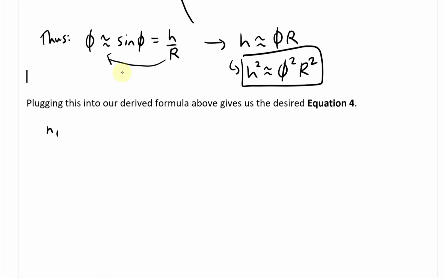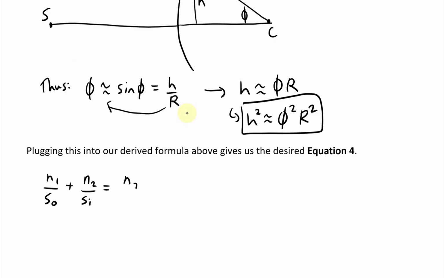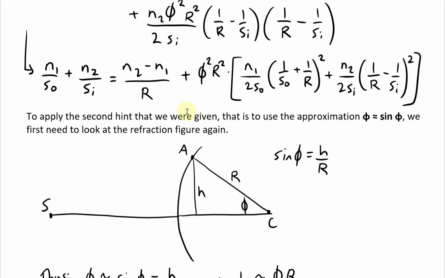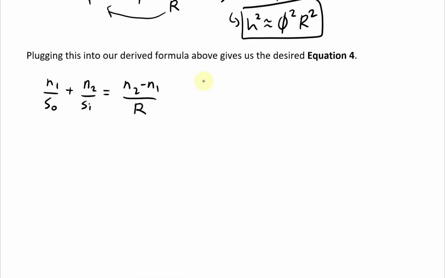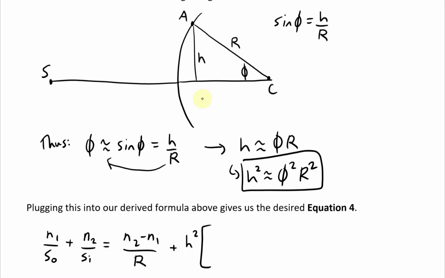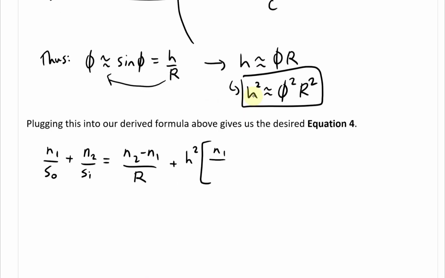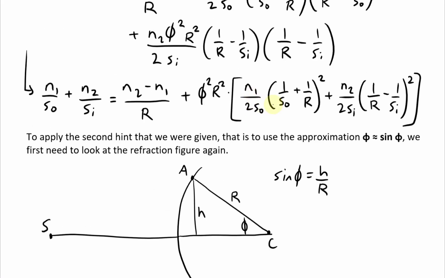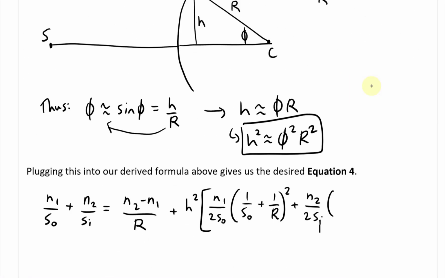It's going to be n1 over s naught plus n2 over s_i equals (n2 minus n1) over r, plus h squared, that's our phi squared, times the bracket: n1 over 2 s naught times (1 over s naught plus 1 over r) squared, plus n2 over 2 s_i times (1 over r minus 1 over s_i) squared.